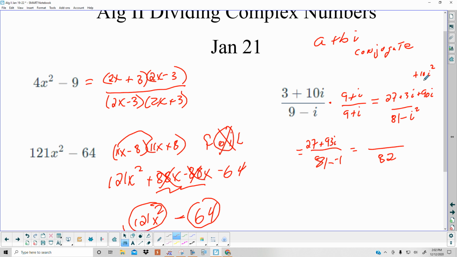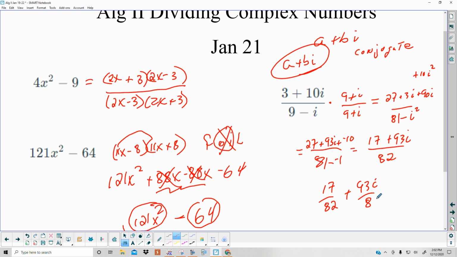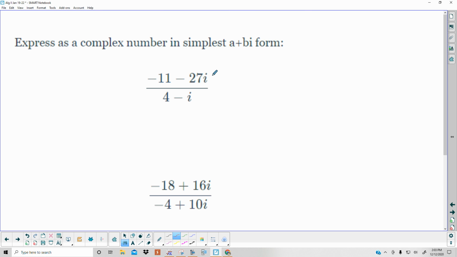Remember, that's negative 1, so it's plus a negative 10. So it becomes 17 plus 93i. And you're almost done getting it in the a plus bi format. You just have to split it: 17 over 82 plus 93i over 82. And you're done.